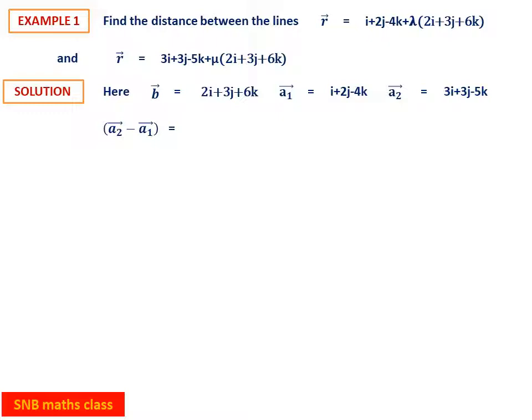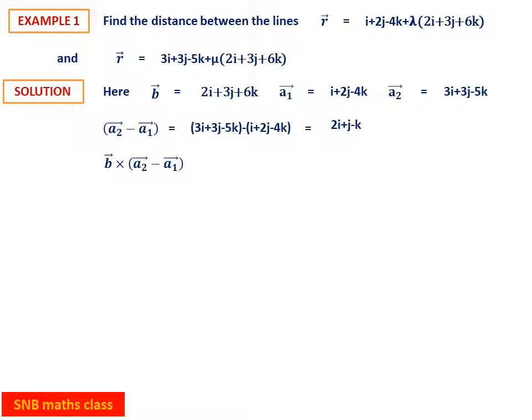B is 2i plus 3j plus 6k, please note, and A1 is the position vector of the first line, that is i plus 2j minus 4k, A2 is 3i plus 3j minus 5k. Now first let us find A2 minus A1 because we need this one. A2 is 3i plus 3j minus 5k minus i plus 2j minus 4k. So simplify. So you get 2i plus j minus k.